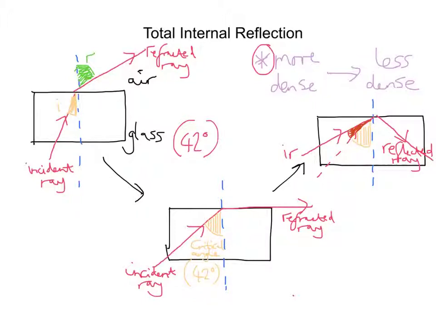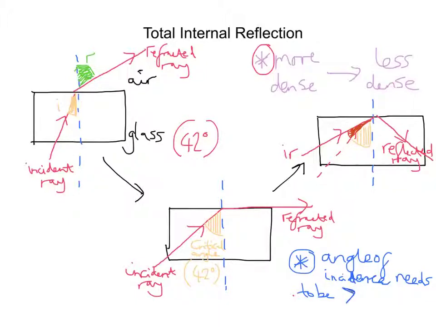And for number two, so I'll make a note of this down at the bottom, as the second key point, the angle of incidence, so the angle between that incident ray and the normal, that angle of incidence needs to be greater than, and really highlight that, greater than what's called the critical angle.